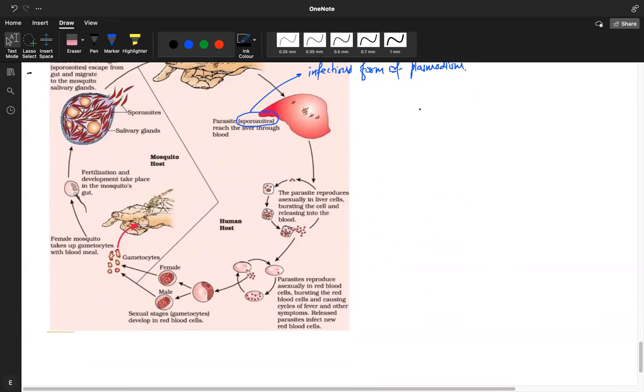You understand? Sir, but it doesn't affect the mosquito, right, sir? Yes, it does not affect the mosquito. It does not kill the mosquito. That wouldn't make sense, right? But by malignant forms, it means those cases of malaria which are very fatal.